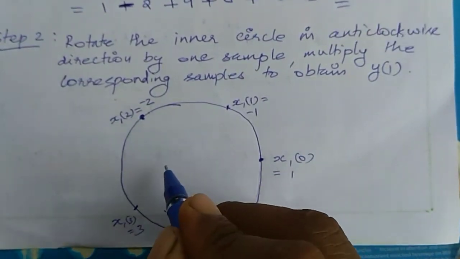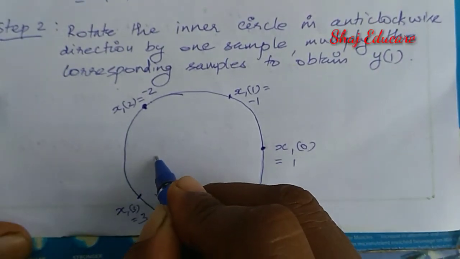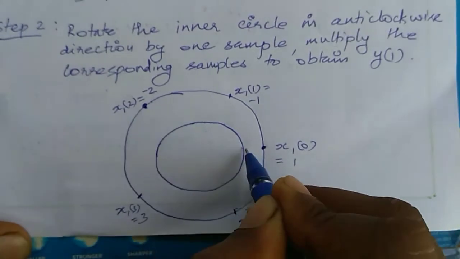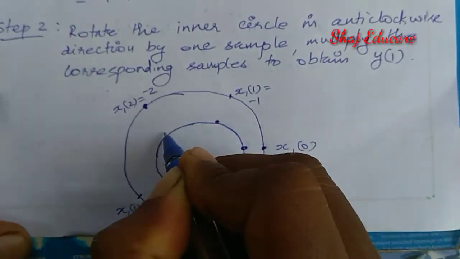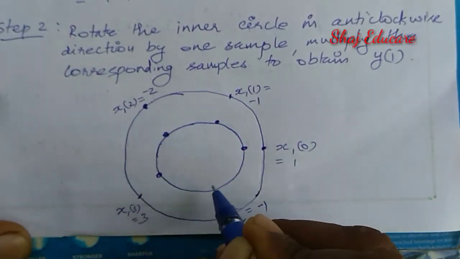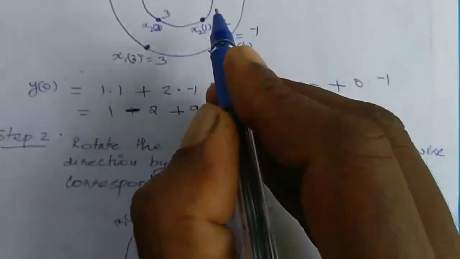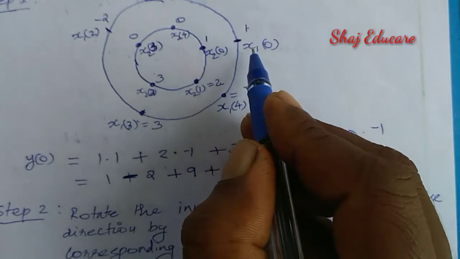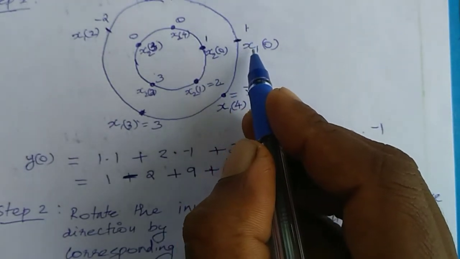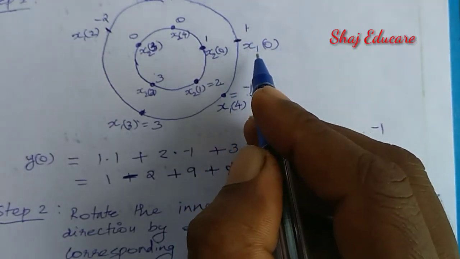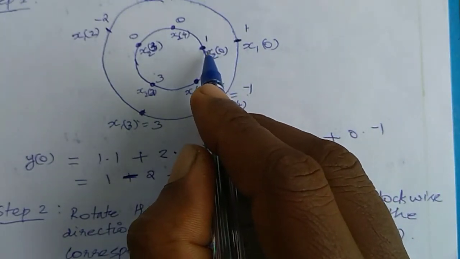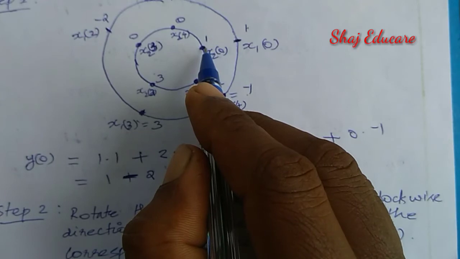No change for that. Next, draw an inner circle to mark every sample along the same line, and in the previous case x2 of 0 was written next to x1 of 0. So I'm going to rotate this in clockwise direction by one sample.